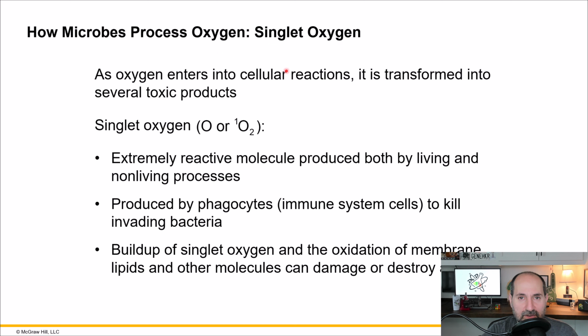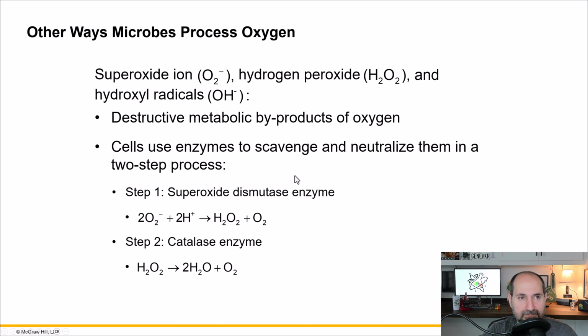Oxygen can form what's called singlet oxygen, which is extremely reactive and toxic to cells. Oxygen can form superoxide ion, hydrogen peroxide, and hydroxyl radicals, which are destructive to cells. And cells use enzymes to scavenge and neutralize these reactive oxygen species.